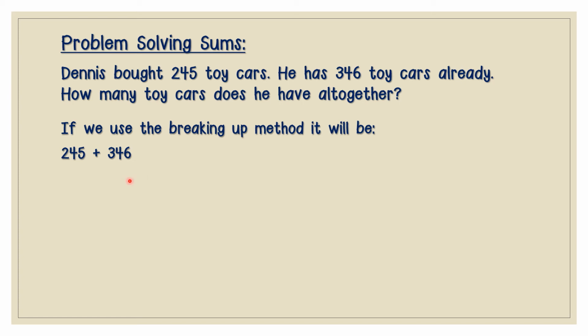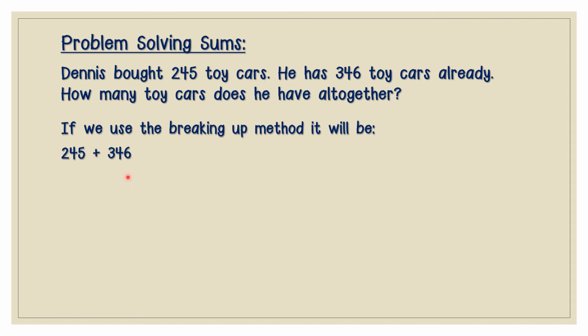The first step is to break the numbers up into hundreds, tens, and units, and add the hundreds together and add the tens together and then add the units together. And then the second step is we add the numbers of our hundreds, tens, and units. And our last step, where we get our answer, we add our hundreds, tens, and units together.